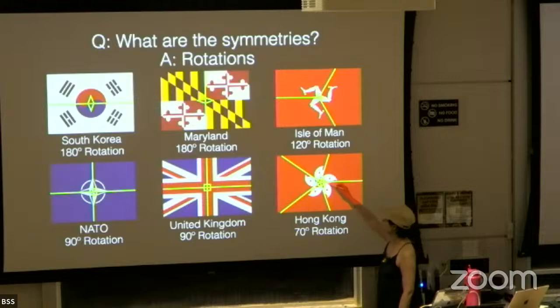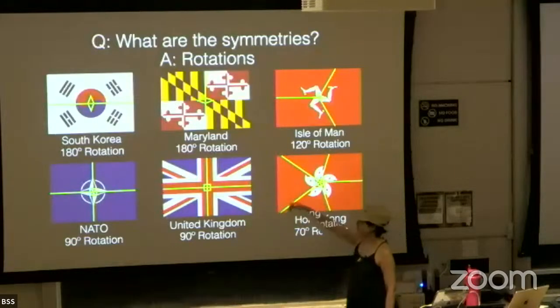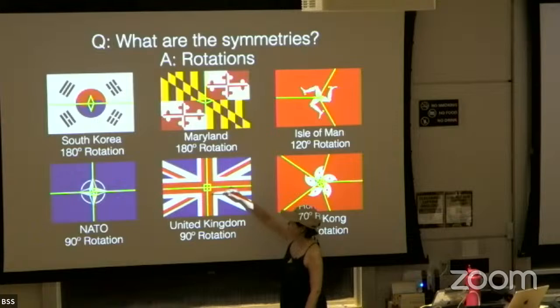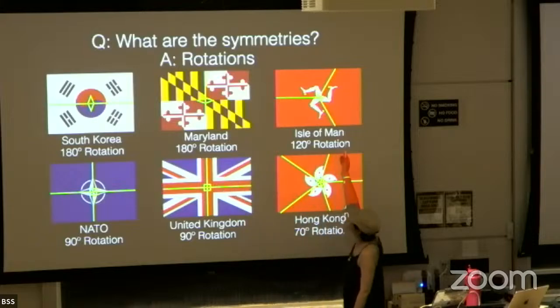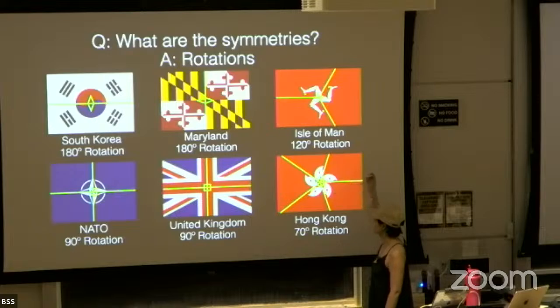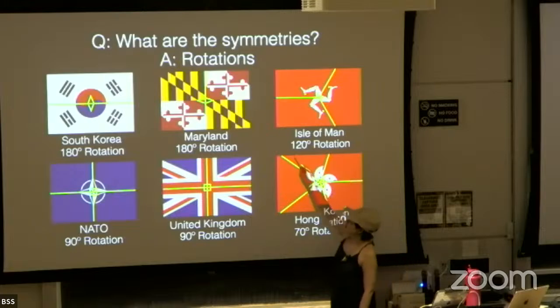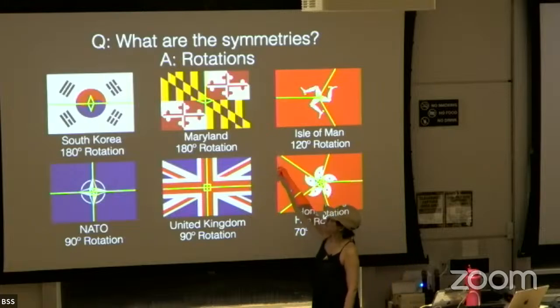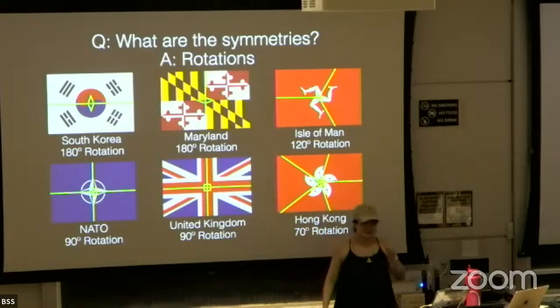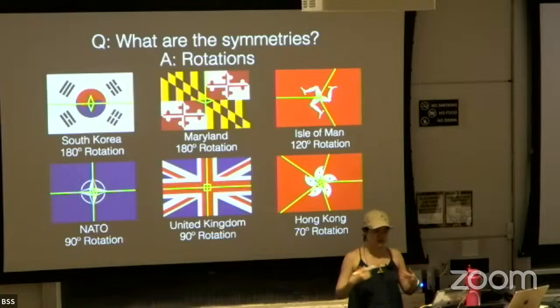The centers of symmetry here, I'm denoting each of them by a regular polygon with the number of sides of the fold of the rotation. So like a triangle for the Isle of Man, a pentagon for Hong Kong, and some sort of cuspy thing for the twofold rotations. So this is how I'm going to denote these.